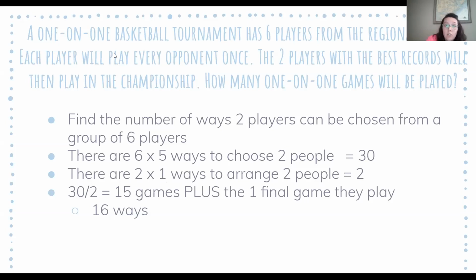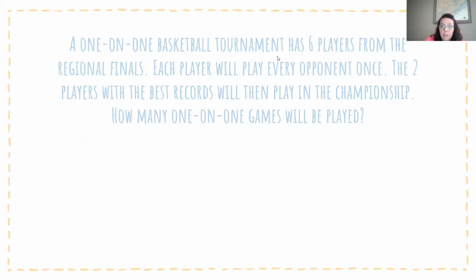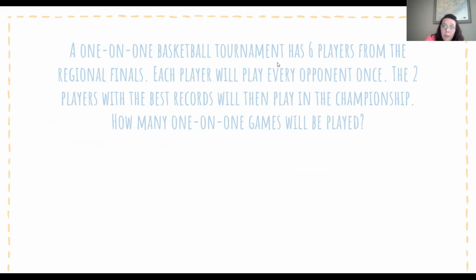So looking at this same exact question, so I'm not going to read it again. Another way that you can do this, if I have 6 players, and I'm just gonna put little dots.